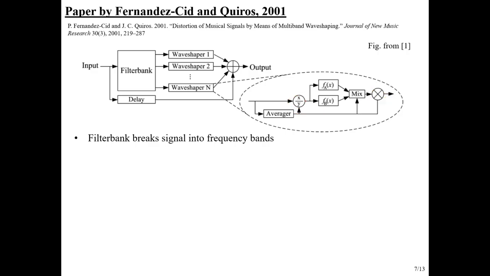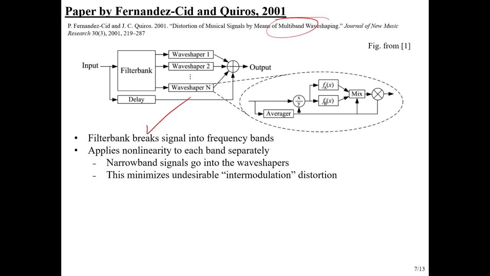and then scaling it back up. So the key idea here is it's right there in the title. Break down into multiple bands. Apply a nonlinearity to each band separately. And the intent here is that we talked about how there were lots of cross nonlinearities between, if you put in multiple sinusoids, they would interact with each other.